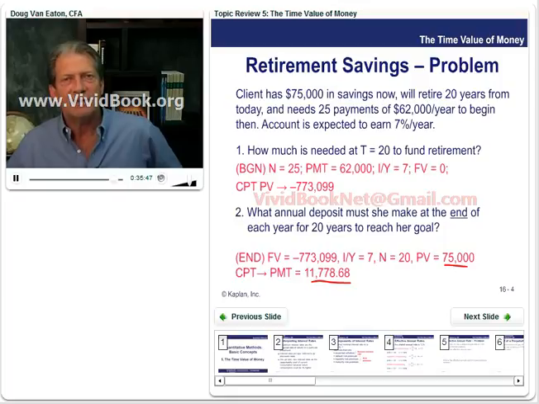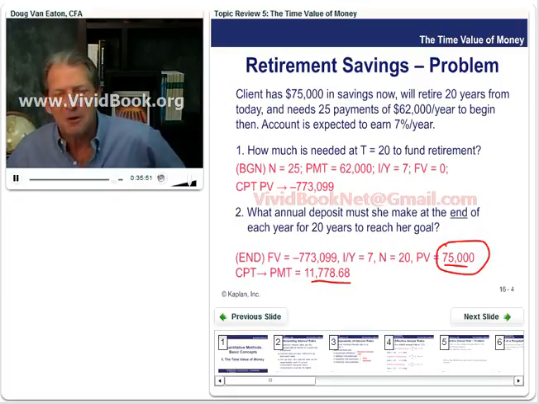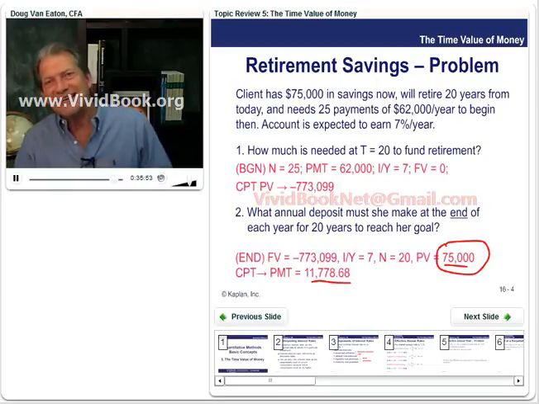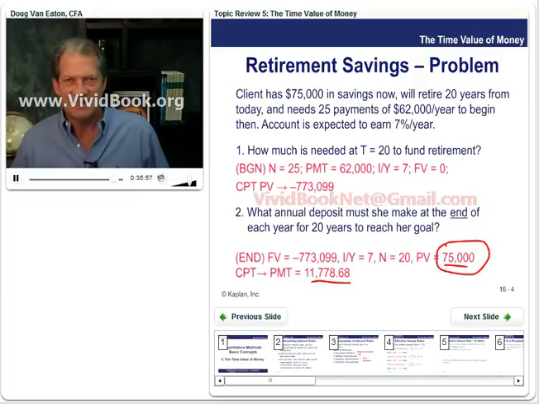Had we gotten a negative payment amount here, it would mean that we've got so much in it today, we could take it out a little every year and still have $773.99. You might want to try that on your own calculator and put in a much higher present value and see what it means for that payment to be negative, because you need to know how to interpret that.